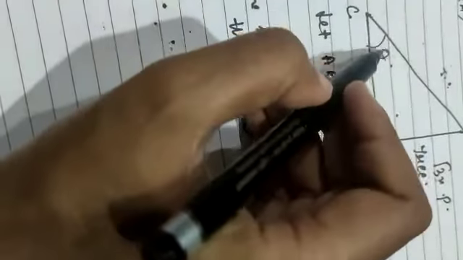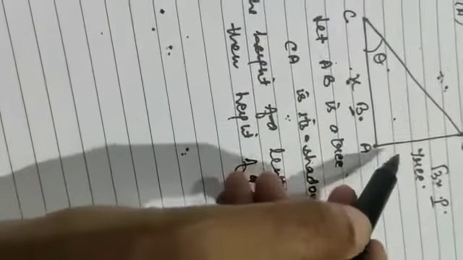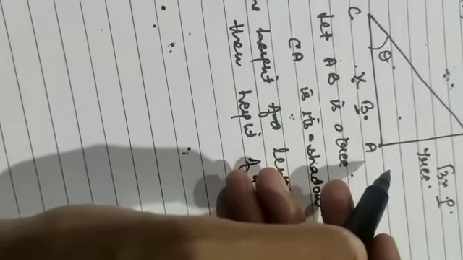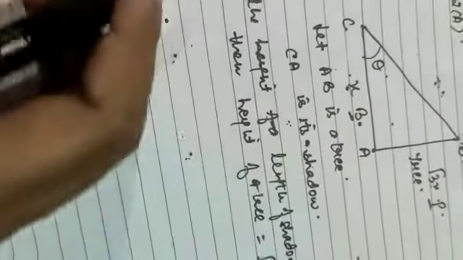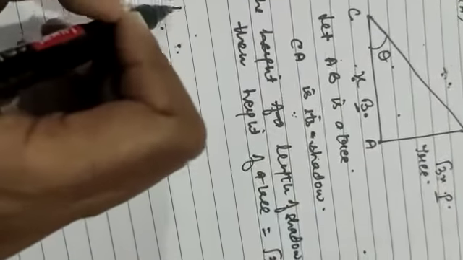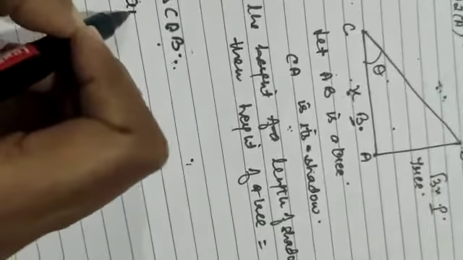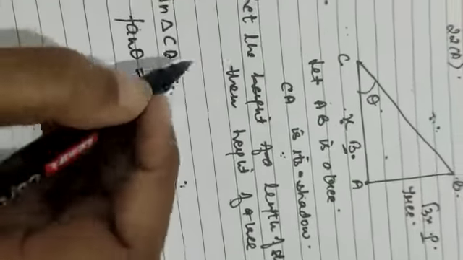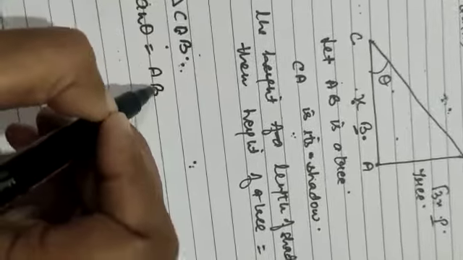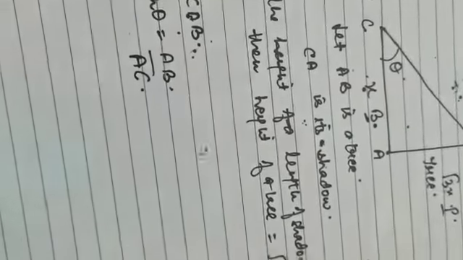You have perpendicular, you have base, but you don't have theta. So the relation between P and B is solved by using tan theta. So in triangle CAB, tan theta is equal to perpendicular upon base.